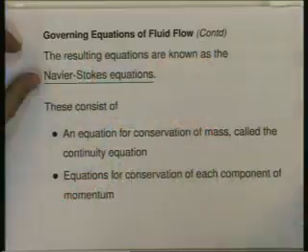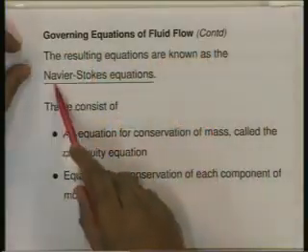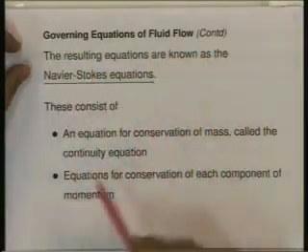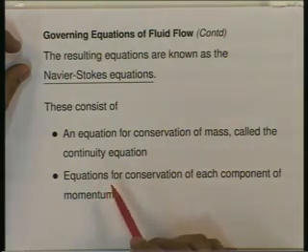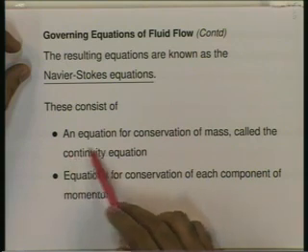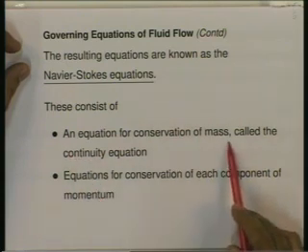When we apply conservation of mass and conservation of momentum along with the Stokes relations to the flow of fluid, the resulting differential equations are known as the Navier-Stokes equations. These equations consist of an equation for conservation of mass.